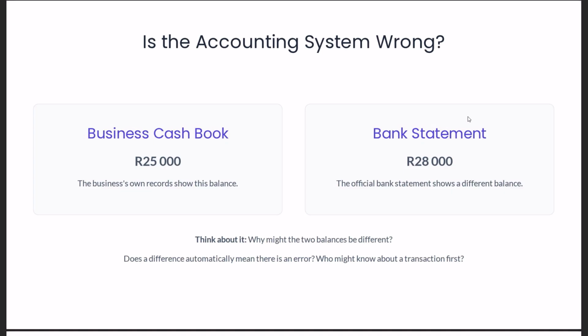And then when we get our bank statement, where do we get it? Remember, this is the document that we get externally. It's outside of our business. It comes from the bank that the business uses. When we get the bank statement, it says 28,000.